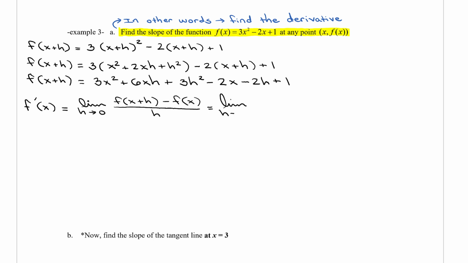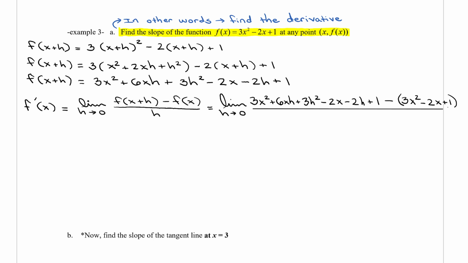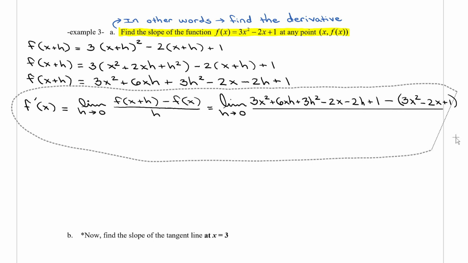This is going to be equal to the limit as h approaches 0 of, I'm going to draw out a big fraction bar, and in the numerator I'm going to write 3x squared plus 6xh plus 3h squared minus 2x minus 2h plus 1. And then I'm going to subtract f of x, which is inside parentheses, I'm going to write the trinomial 3x squared minus 2x plus 1.